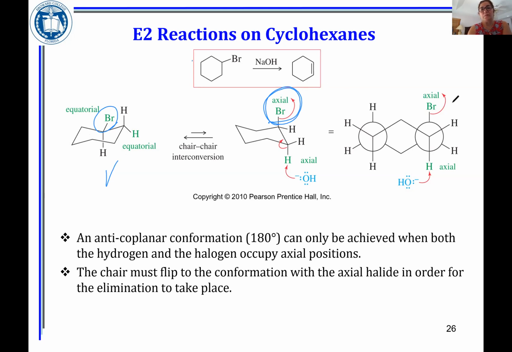So when we are talking about this anti-coplanar, they must both be on opposite sides of the molecule. If they are on opposite sides of the molecule, then you can get the anti-coplanar arrangement.